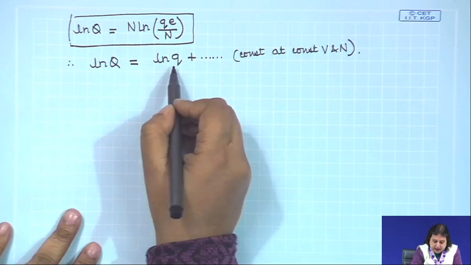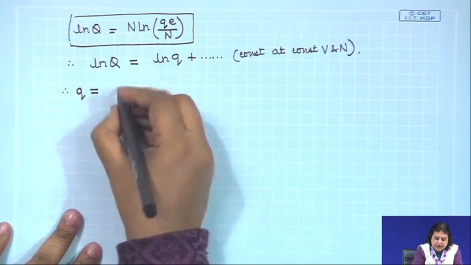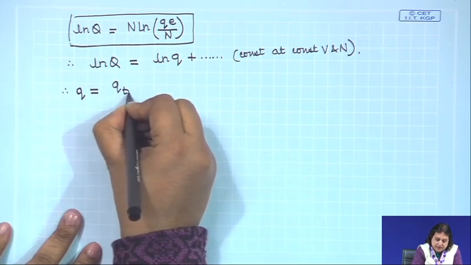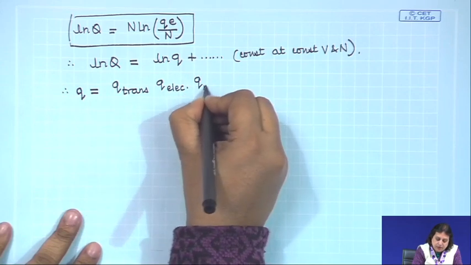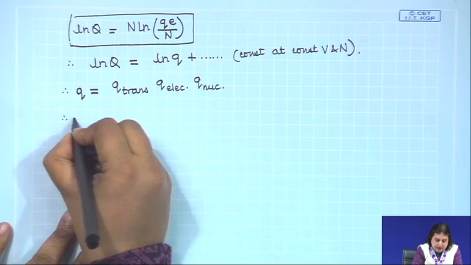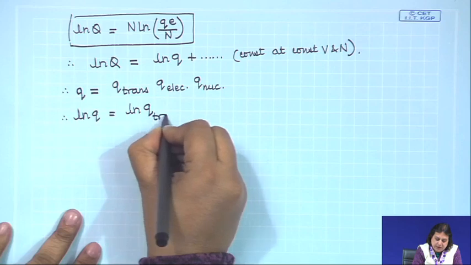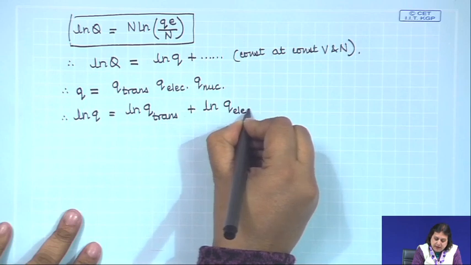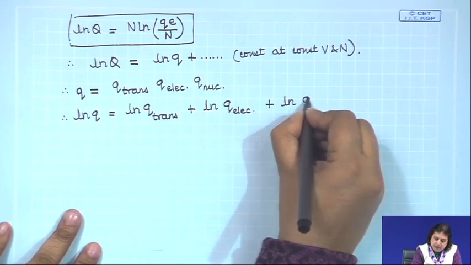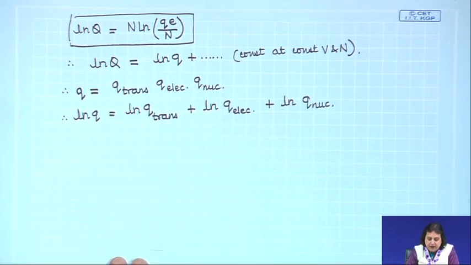Now, let us have a look at what small q is. Small q we know is equal to q trans into q electronic into q nuclear. Therefore, ln small q will have additive contributions from these three terms because it is the log quantity that I am looking at. Now, in this expression, can I find where the temperature dependent terms come from?